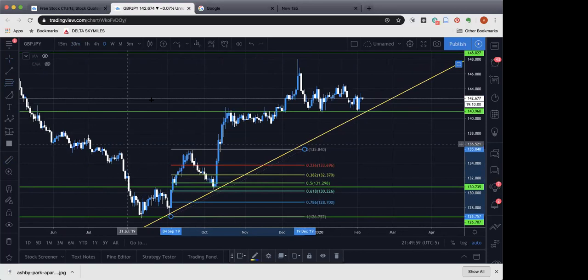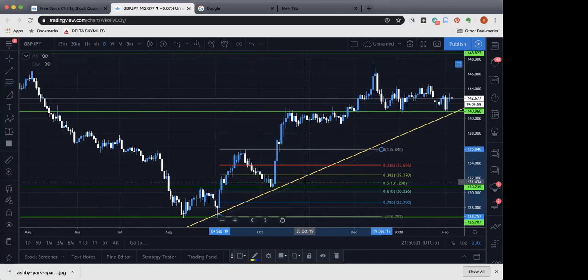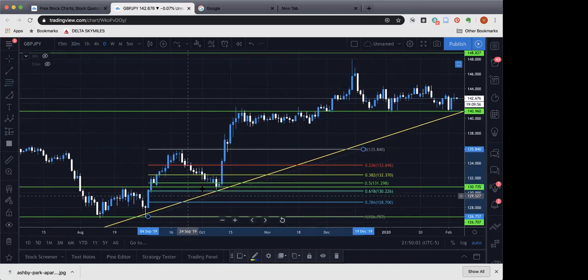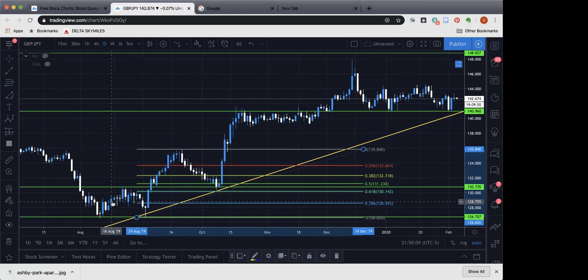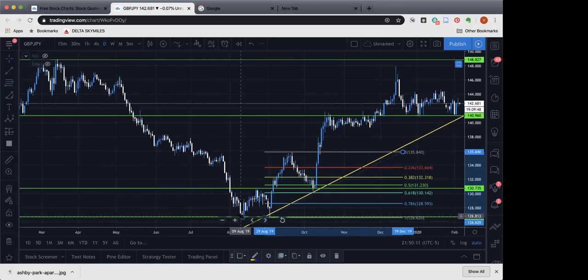Notice this, and this is on the daily. If you would have got in this trade right here, when you saw this double bottom, boom, boom, which is a W, right? Everybody see this W, right? It wicked off of the zone and went up.